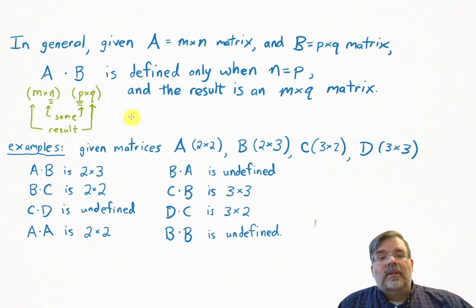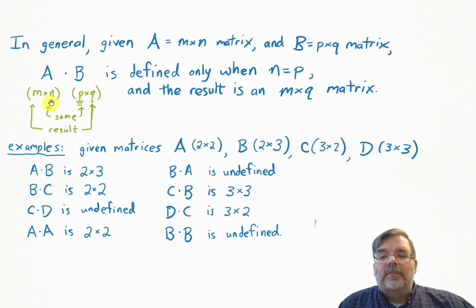In general, given two matrices, let's say that capital A is an M by N matrix, and capital B is a P by Q matrix, the product A times B, matrix multiplication, is defined only when N equals P. These two have to be the same, and the result will be an M by Q matrix.